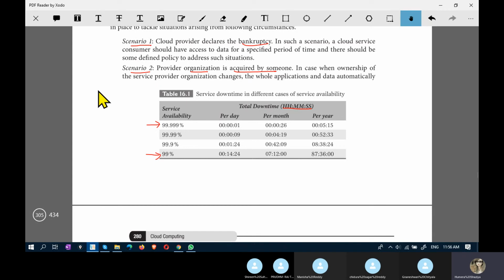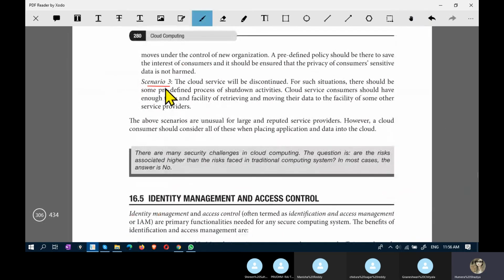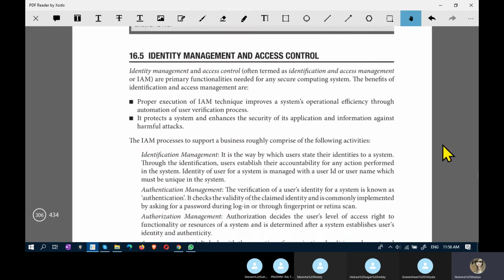And there was one service called Hutch that was taken over by Vodafone. That happens even in real life, so the same thing occurs for cloud. So what is to be done if a cloud service is discontinued? For everything, there should be some policy, and all the things must be mentioned in the SLA.